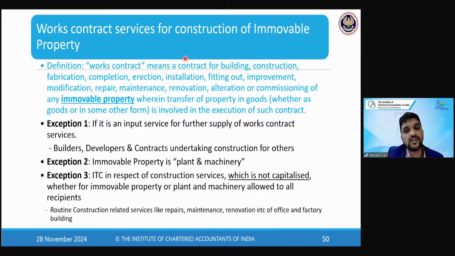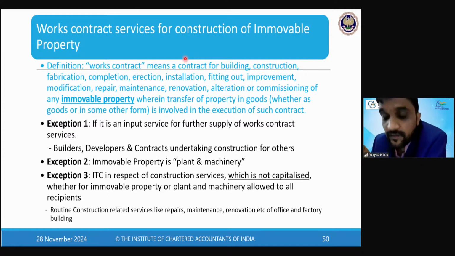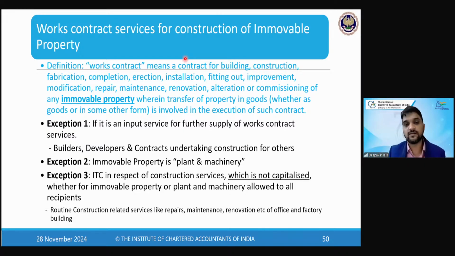If machinery is fixed to earth by foundation. Now, a contrary example is an air conditioner. Air conditioner is also fixed to the earth. So will you call air conditioner a plant and machinery? No, right? So anything which is fixed to earth, why is it fixed? Is it fixed because of its nature or is it fixed because of its operation?